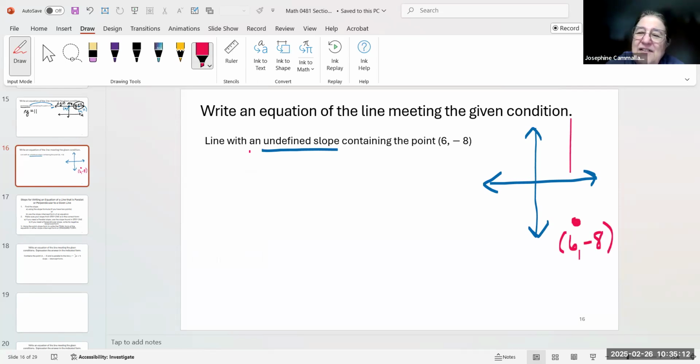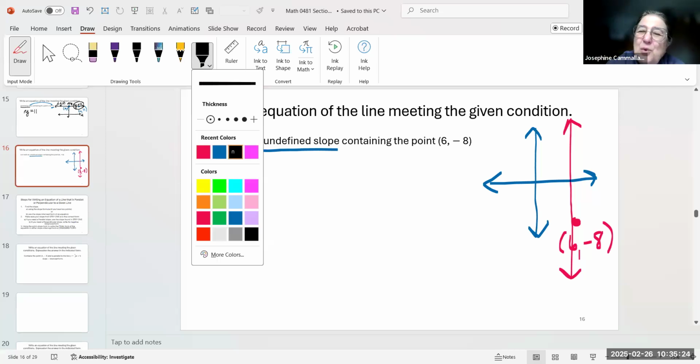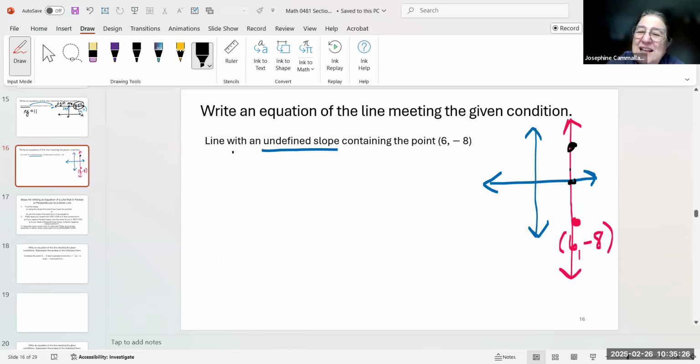An undefined slope is a vertical line. Every point on this red line has got to be 6 with a number, which is x is equal to 6.